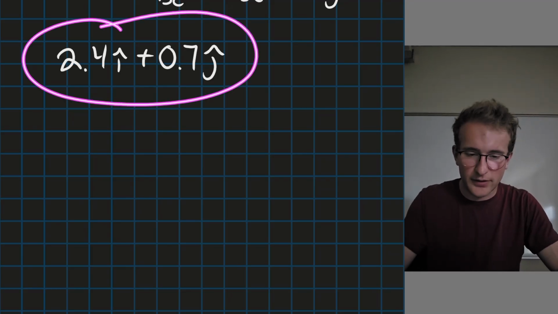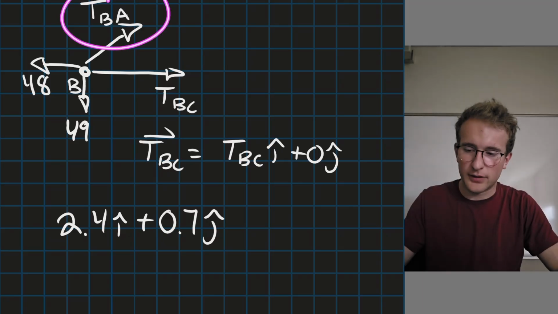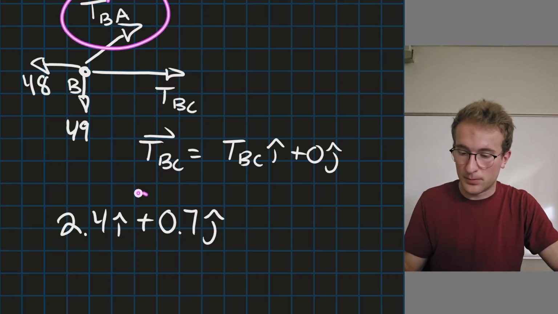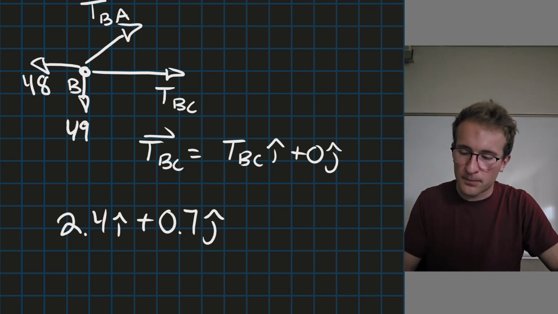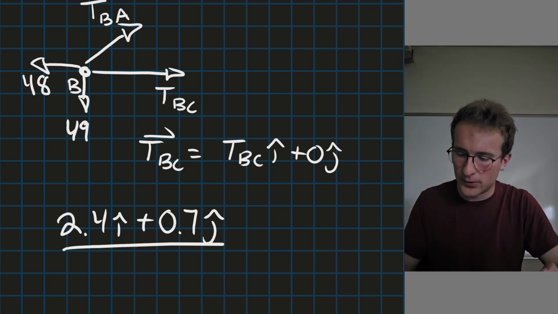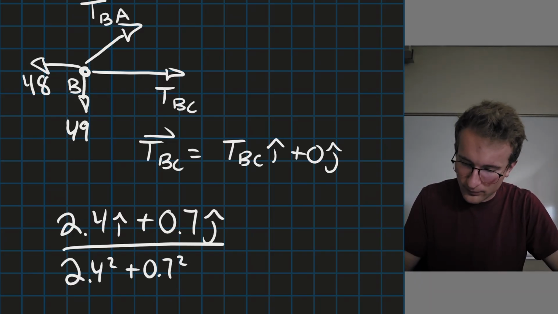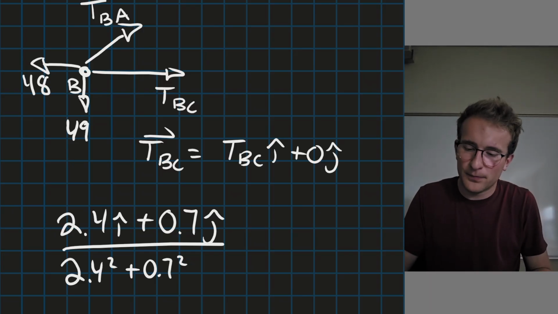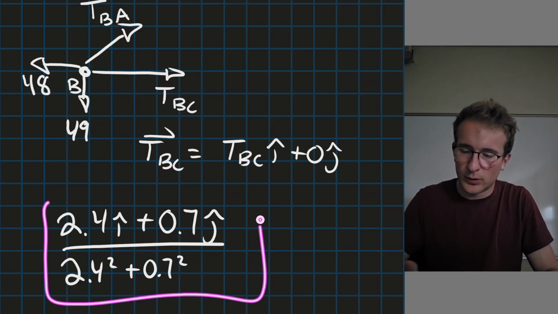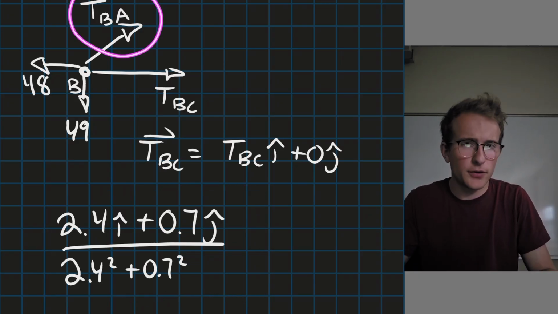So this vector has the same direction as this force vector, but this vector is not a unit vector. We can make it a unit vector by dividing by its own magnitude. So I divide by its own magnitude. Now this whole thing is a unit vector in the same direction as this force vector.